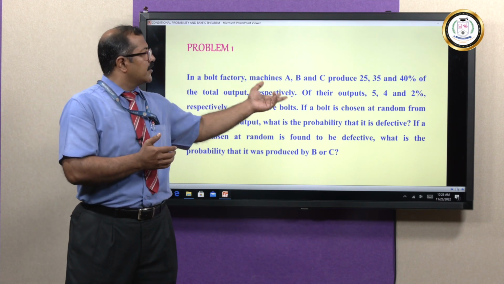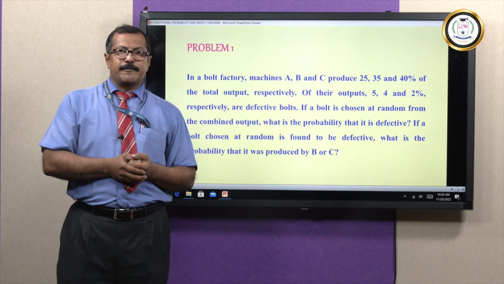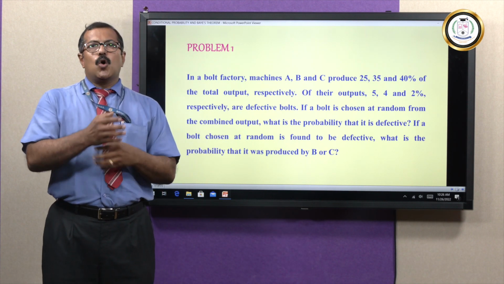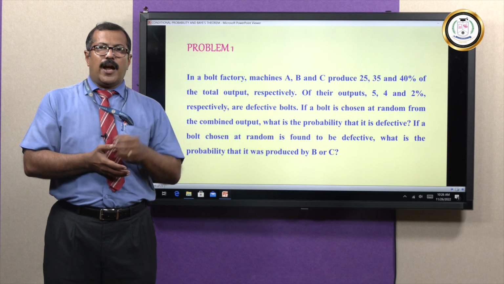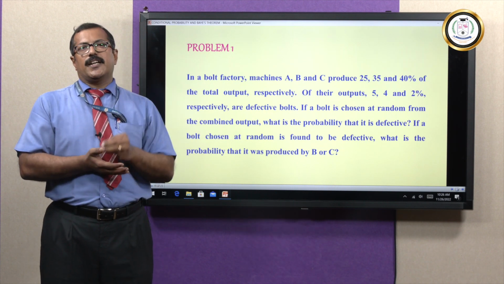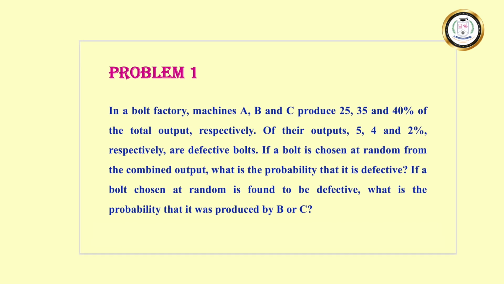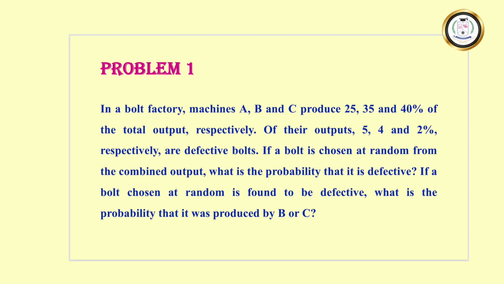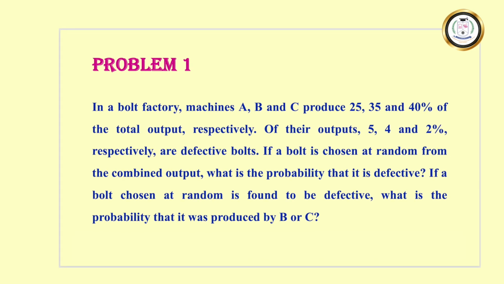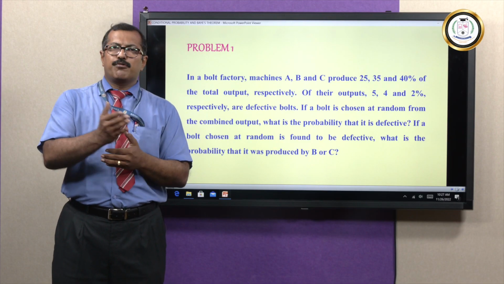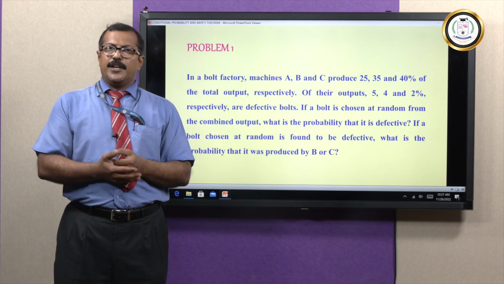Whatever is produced by machine C, 2% will be defective. The combined output is taken and one bolt is chosen at random. What is the probability that, if we find that it is defective, it is produced by B or C? Which means individually for B we need to find the probability, and for C we need to find the probability.